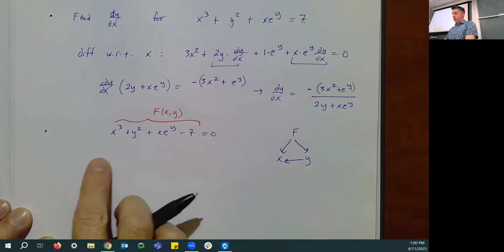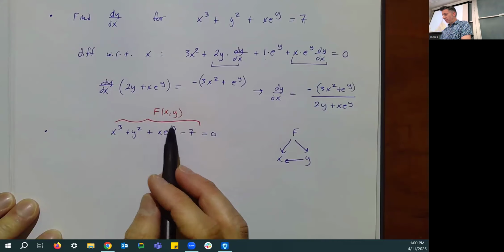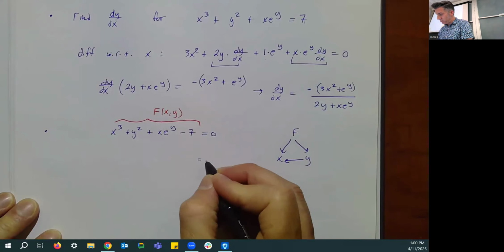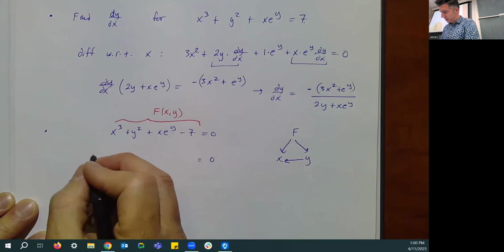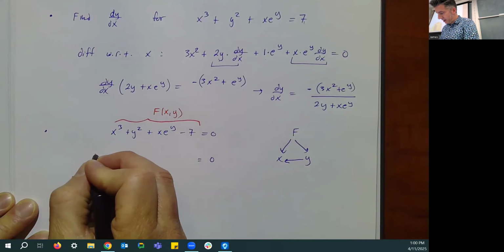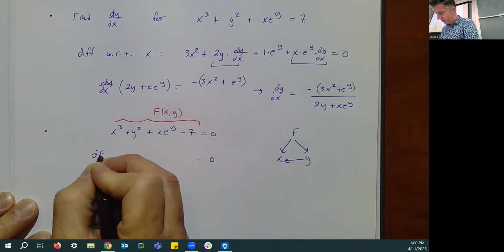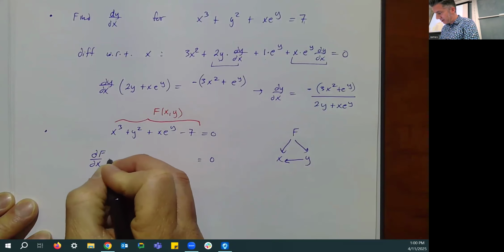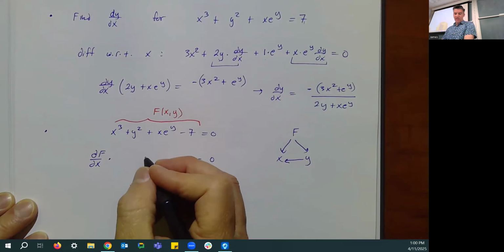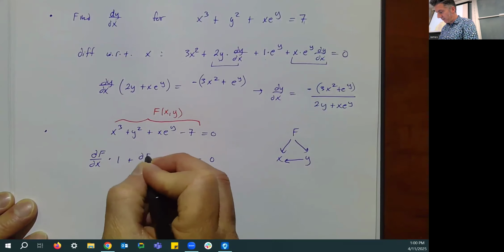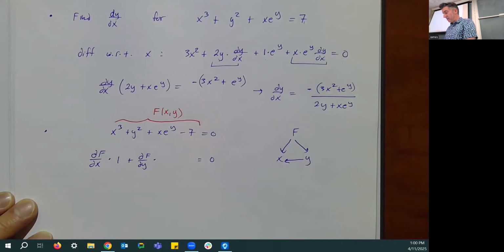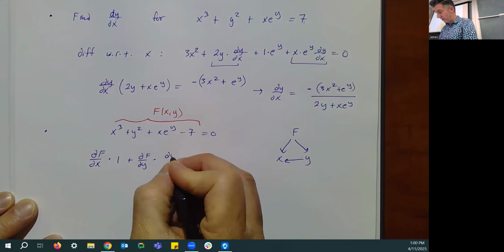So if I differentiate both sides, well, the derivative of the right side is 0. The derivative of the left side, well, I need my two paths. I need my del f del x, but then dx is just 1. And then I need my del f del y, and then times dy dx is the thing we're trying to find.